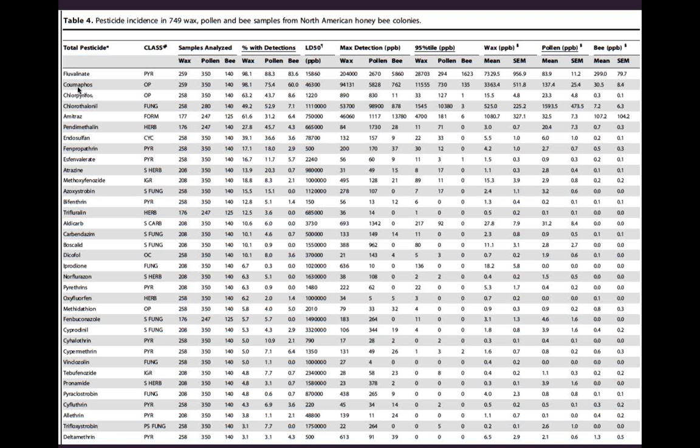They were heavily used. Fluvalinate was heavily used in the 1990s. Coumaphos was heavily used in the 2000s. But because the mites have become resistant to these two products, we've stopped using them.